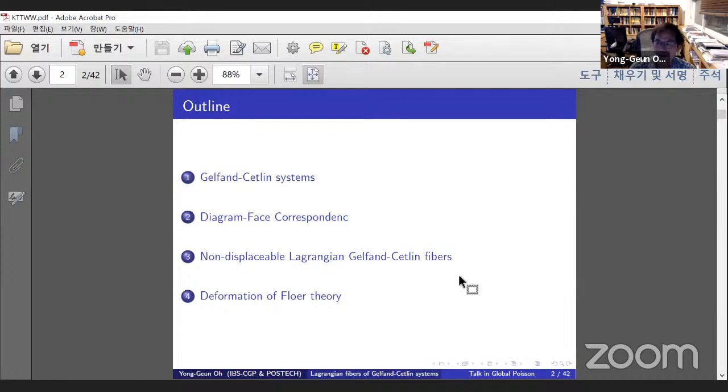That means you cannot find any Hamiltonian isotopy which displaces that particular fiber away from itself. And then finally, I talk about the machinery of detecting that non-displaceability using Lagrangian Floer theory. This whole thing requires quite sophisticated deformation theory of Lagrangian Floer homology.